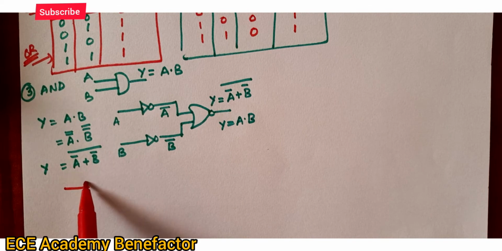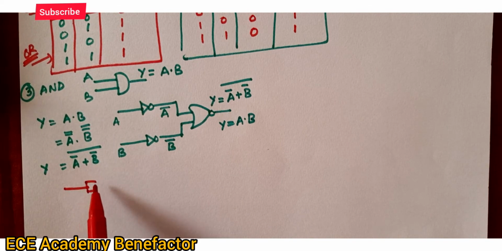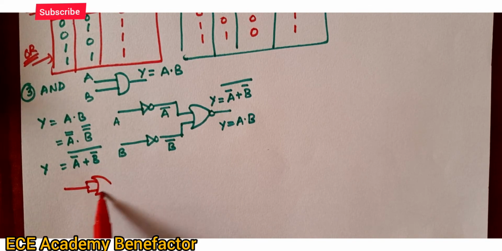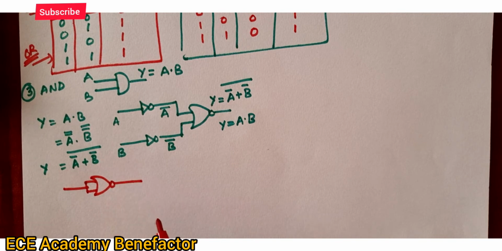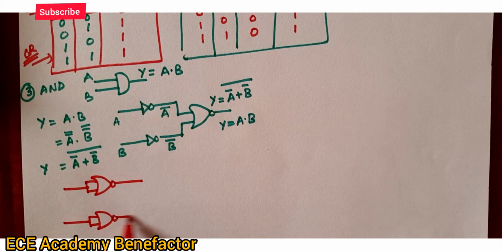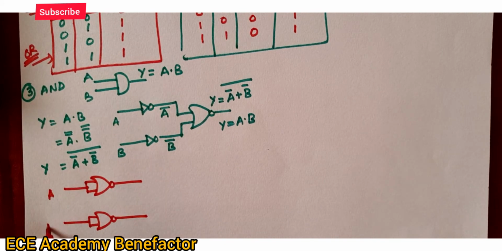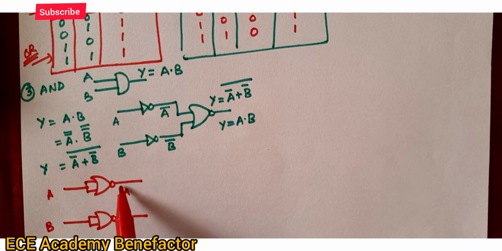When both the terminals of the NOR gate are connected together, it becomes a NOT gate. So like this, you will get A bar from the above terminal and B bar from here. So A, B, we are getting here A bar and here B bar, and then give it to a NOR gate.